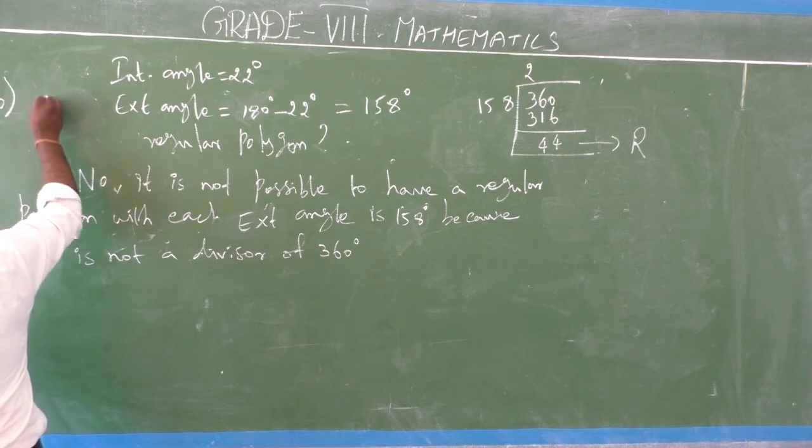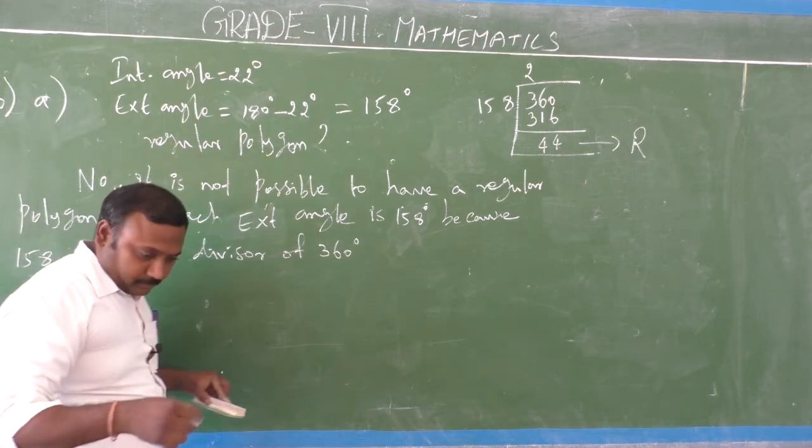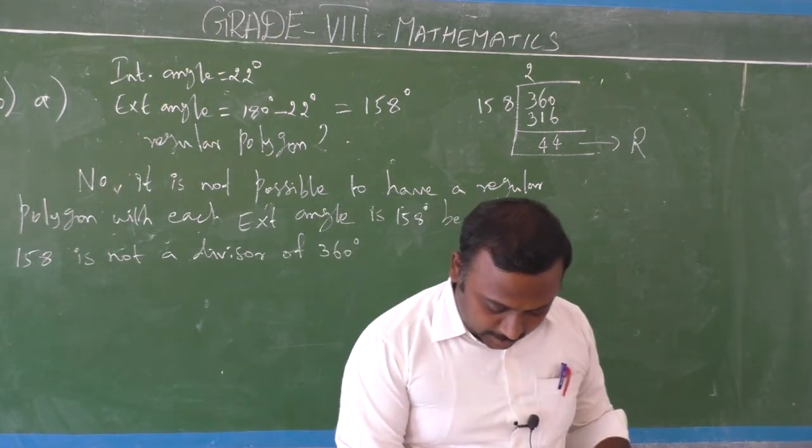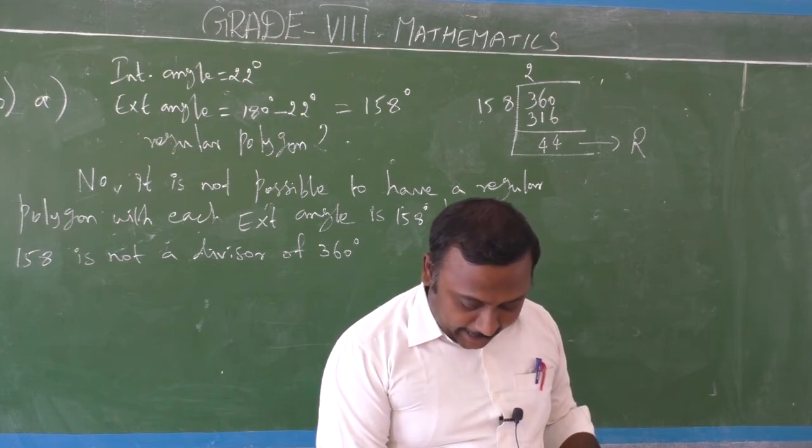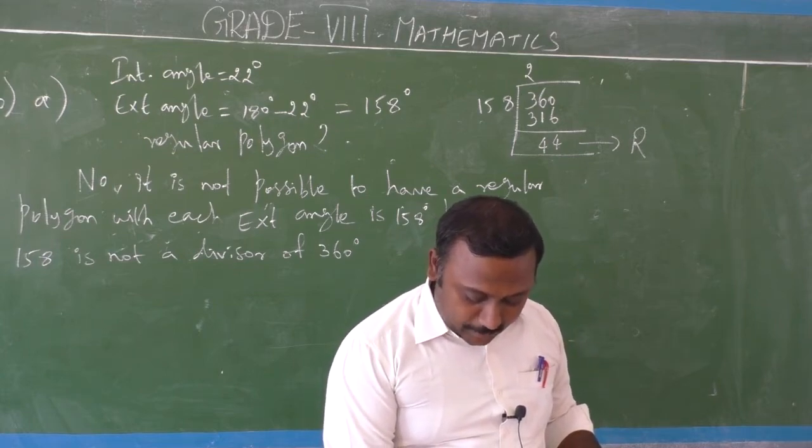So, Sixth A sum. What is the minimum interior angle possible for a regular polygon?